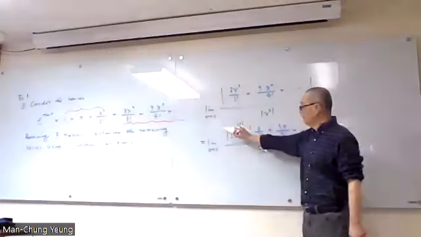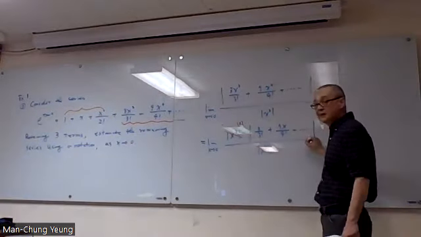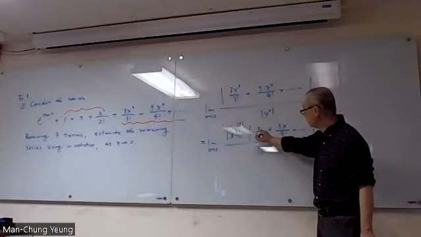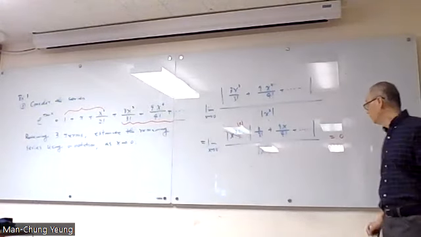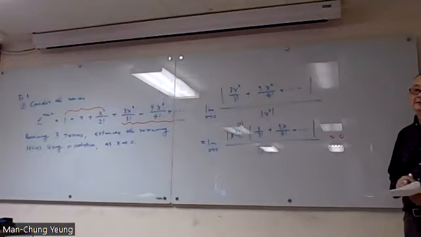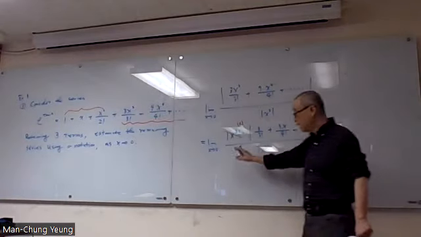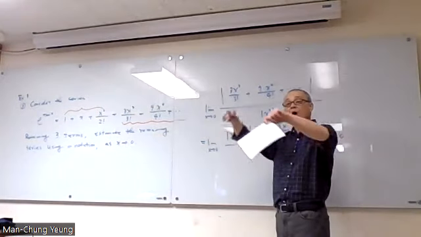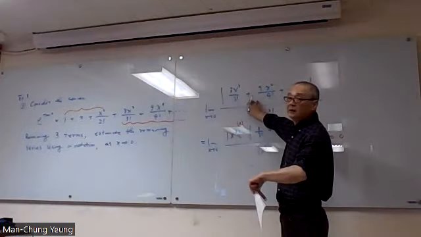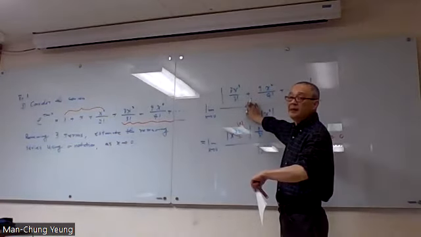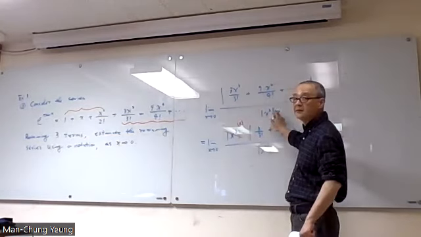Because x goes to 0, and this sum approaches the leading number, 3 over 3 factorial. Therefore, in the neighborhood of 0, a very small neighborhood, the remaining series is much smaller than x squared.